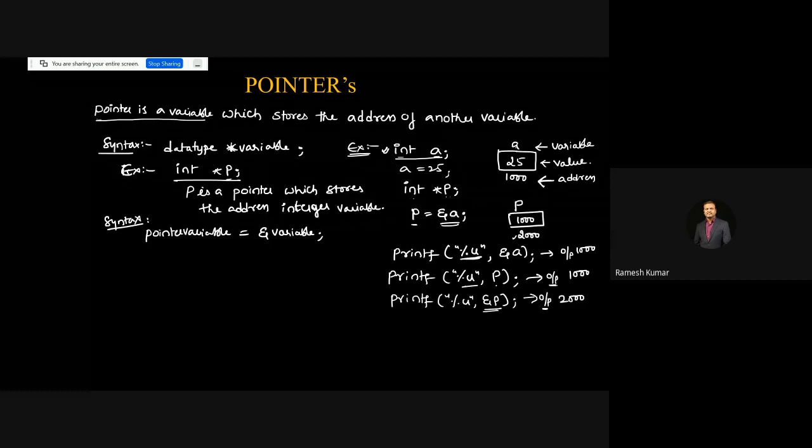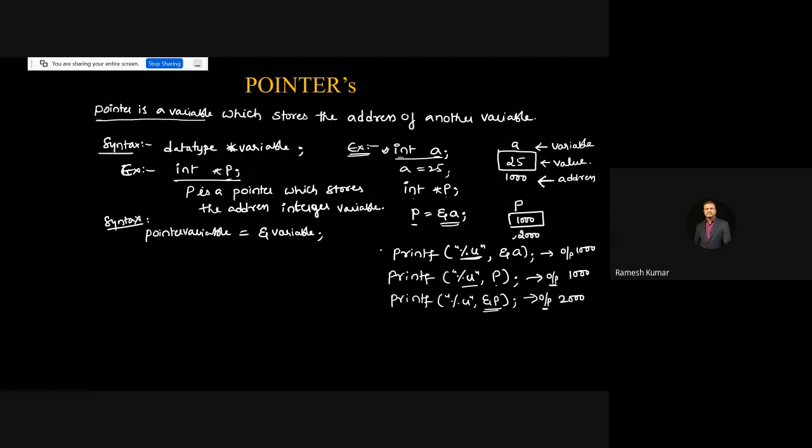Keep in mind the difference between integer pointer and pointer to integer. We don't have integer pointers, but we do have integer variables. So instead of saying it is an integer pointer, we have to say it is a pointer to an integer. This is how we have to access the addresses of a particular variable.